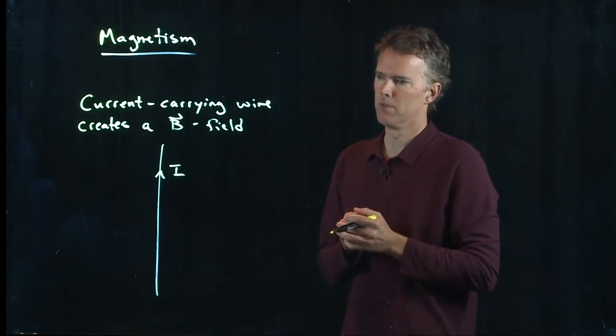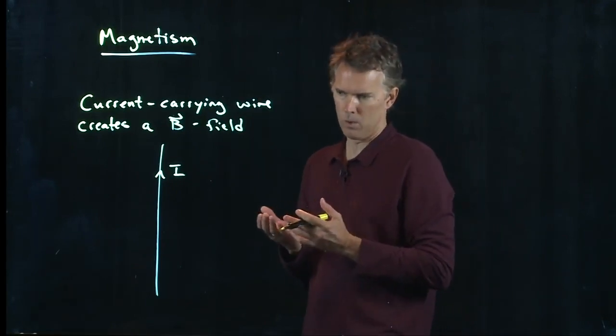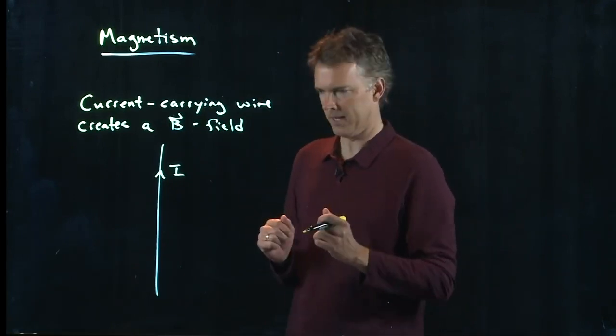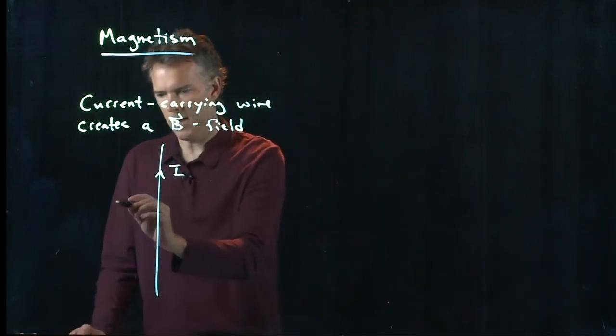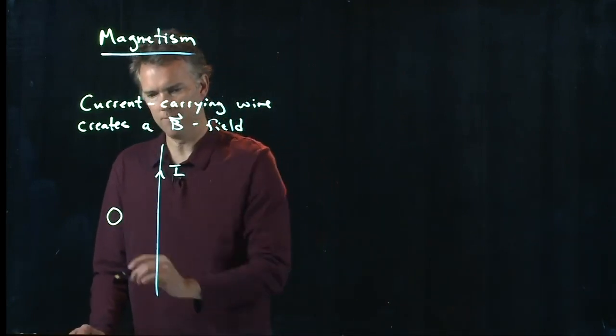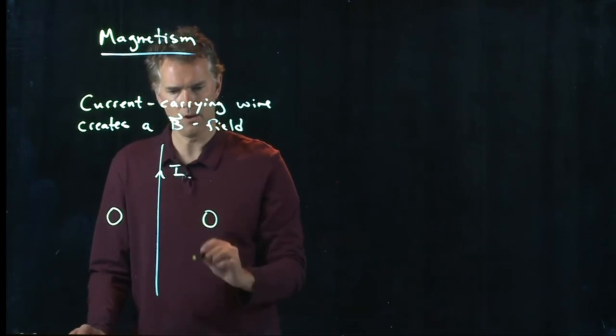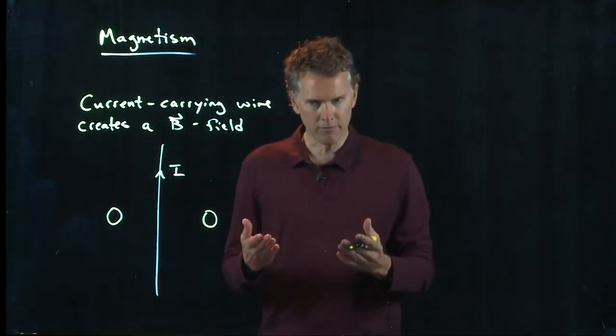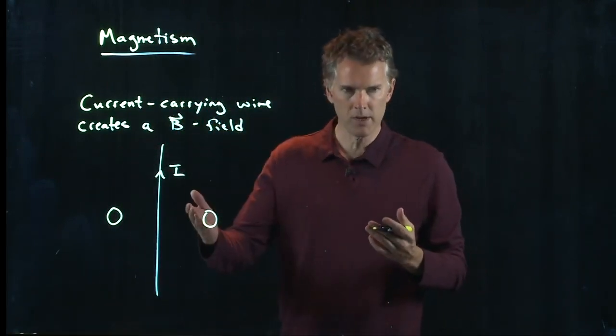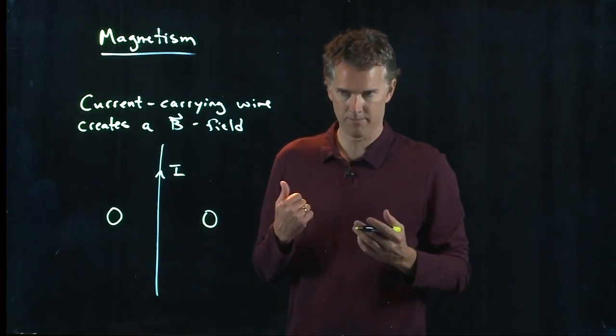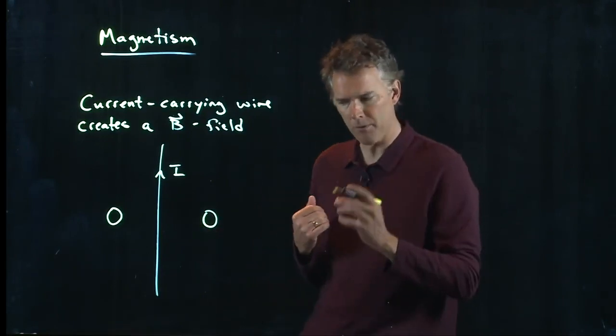Now, the question is, what direction is that magnetic field? If I am sitting over here, or over here, there is a magnetic field that is either into the screen or out of the screen. Okay? And we know what the strength is.